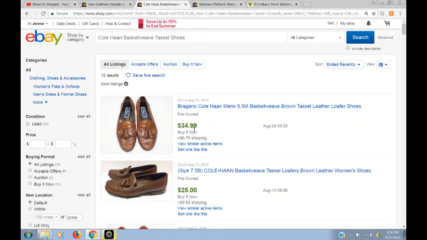If the person decided to return them, even if they paid for the return, they'd have to refund the entire $34.99. But here they charge $6.70 shipping, so that shipping they won't have to pay back, which is actually kind of smart because it's like meeting in the middle. It's like, okay, you're going to pay slightly more, but I'm only going to charge you this amount.